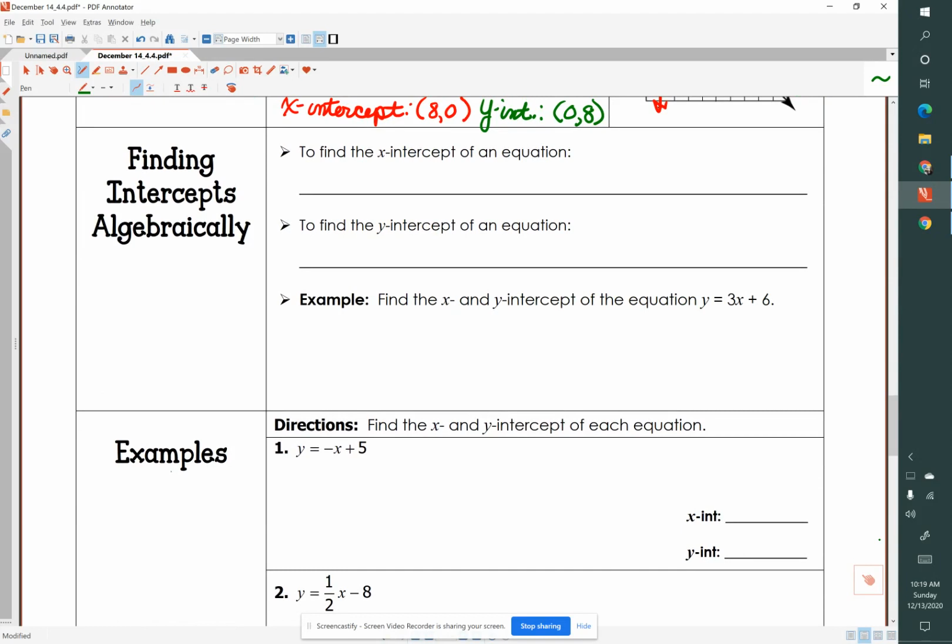To find the x-intercept of an equation, we set y equal to 0 and solve for x. Going by that same logic, how are we going to find the y-intercept? Here we're going to set x equal to 0 and solve for y.